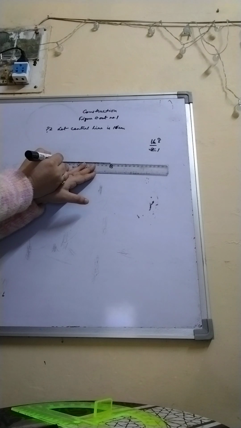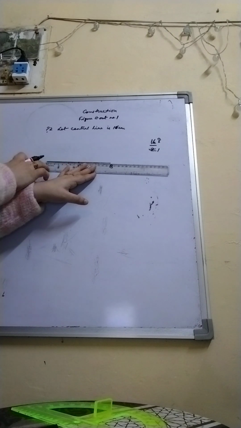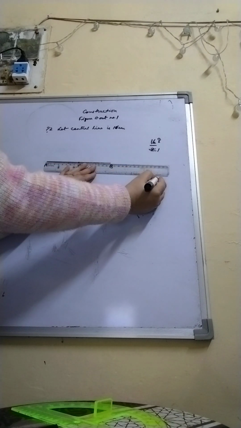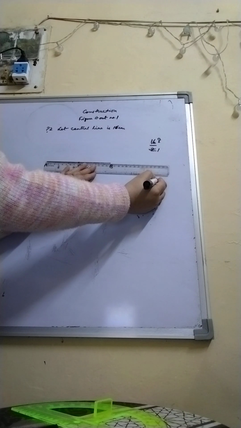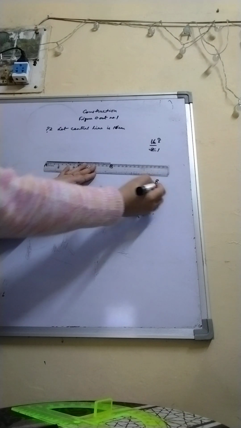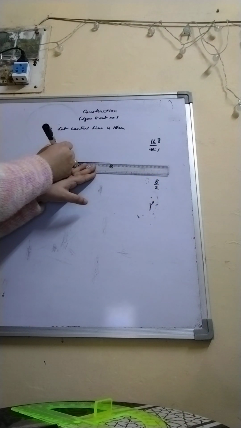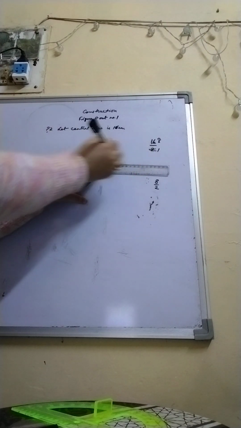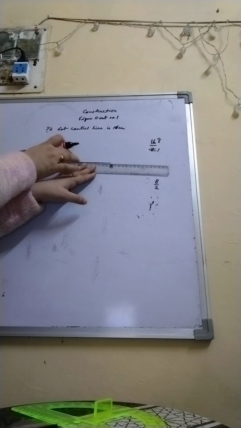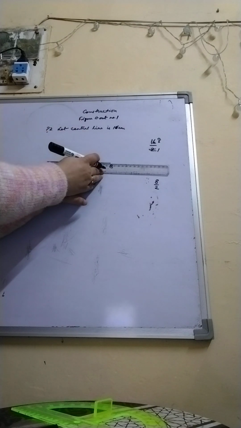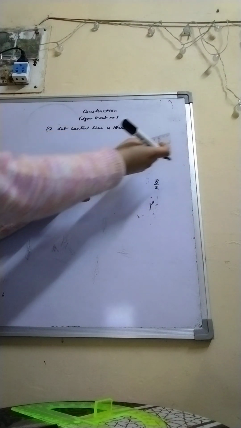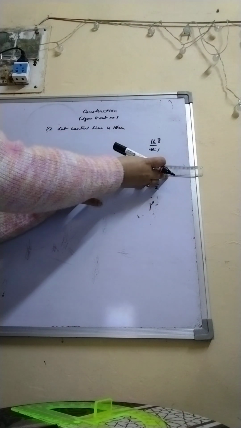Now we have to divide further half of AC. So AC is 8 centimeter, so its half would be 4 centimeter. So our center or the fixed point is 4 centimeter for the first half circle. And now we will move to the next half circle.